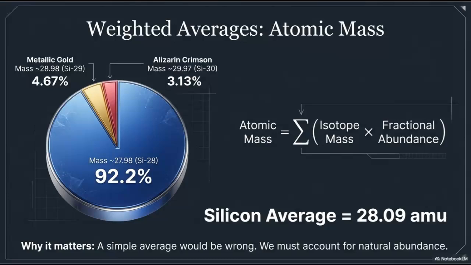Now, to convert those percentages to decimal form, which is the easiest way of doing it, all you have to do is take that percent and divide by 100. If you do it as a percent and multiply the mass times the percent, then at the end you have to divide by 100. It is just easier to convert the percent into a decimal because it gives you the best result. And do not round numbers.